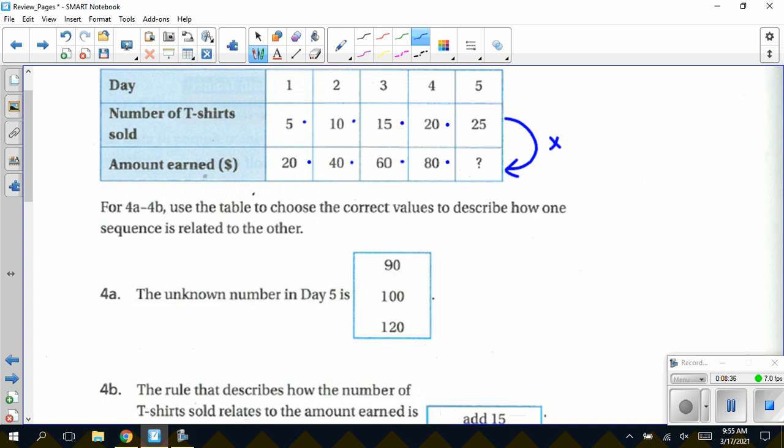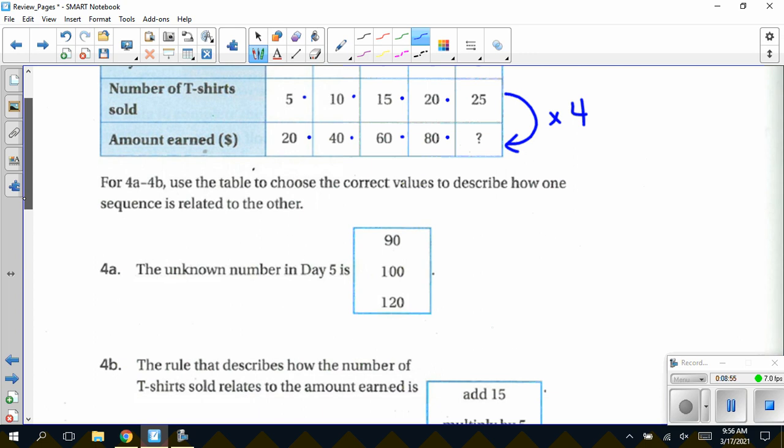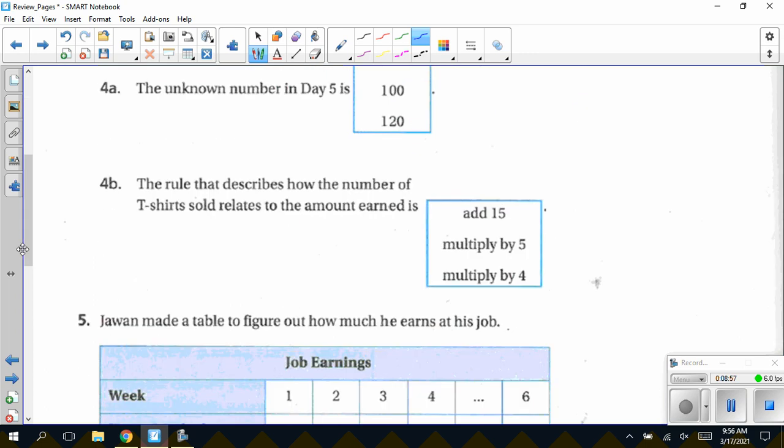I notice that if I just take 5 times 4, that equals 20. If I do the same thing for 10 times 4, that does equal 40. 15 times 4 equals 60, and 20 times 4 equals 80. So I know I'm going to be multiplying my number of t-shirts sold by 4 to figure out my amount earned. So for B, my rule is to multiply by 4.